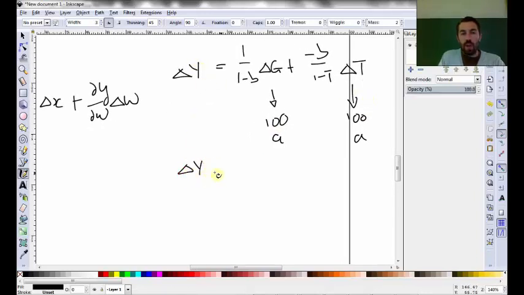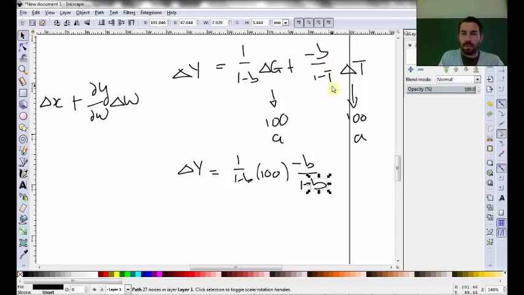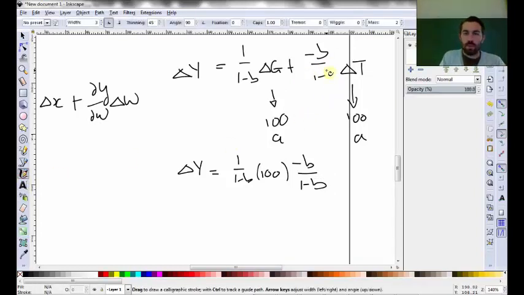Well, my change in Y will be equal to 1 over 1 minus B times 100 plus negative B over 1 minus B, that's not supposed to be a B in the tax case, I mean the letter T.